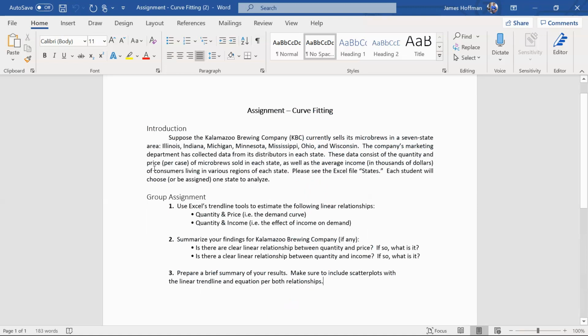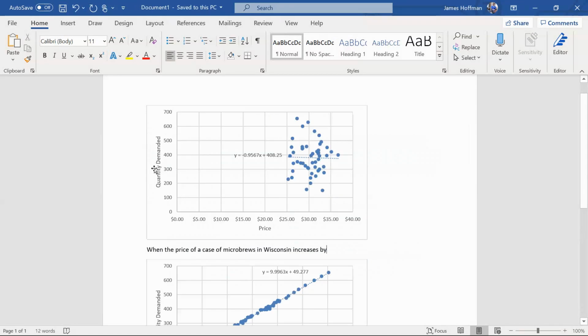Yeah, price per case in dollars. Then this is the effect on demand. So demand, or sorry, decreases.